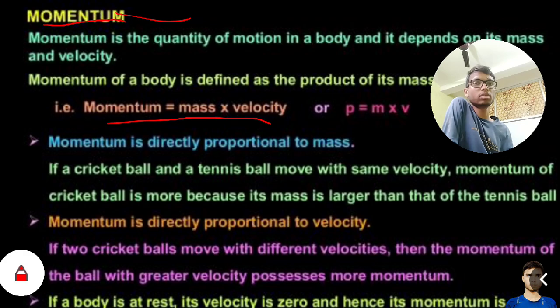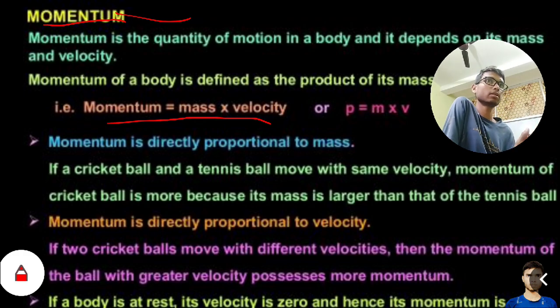Momentum is also directly proportional to velocity when mass is equal. For example, there are two objects whose masses are the same, but the velocity of one object is different from the velocity of the other.